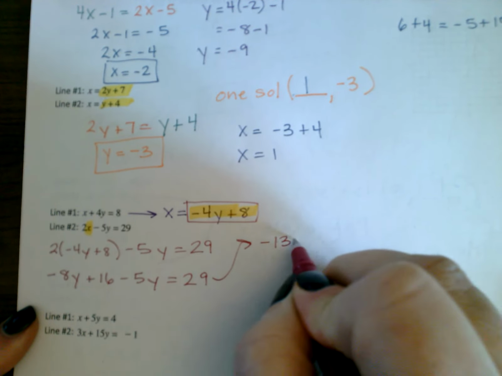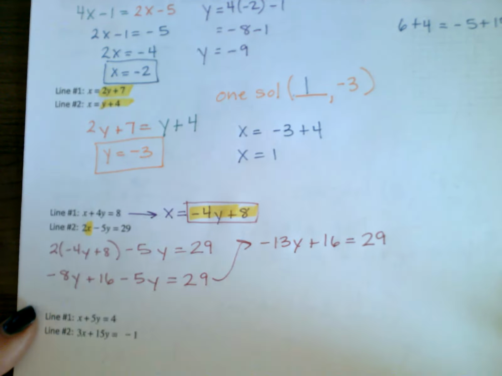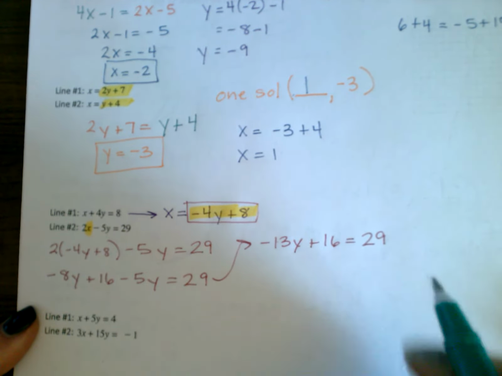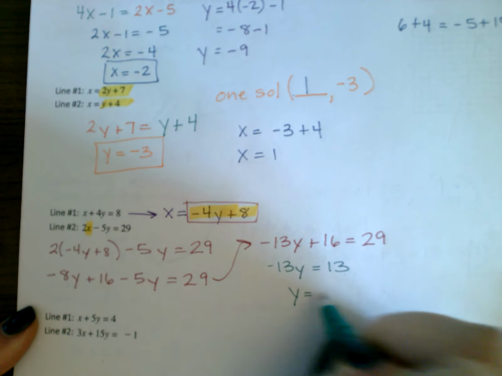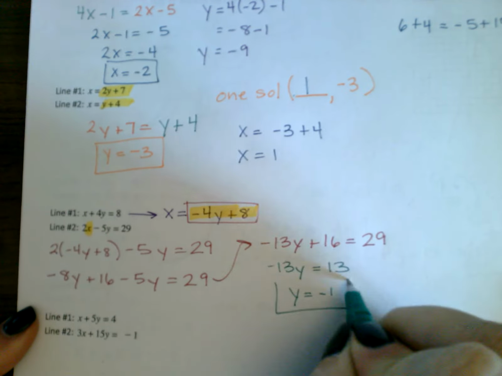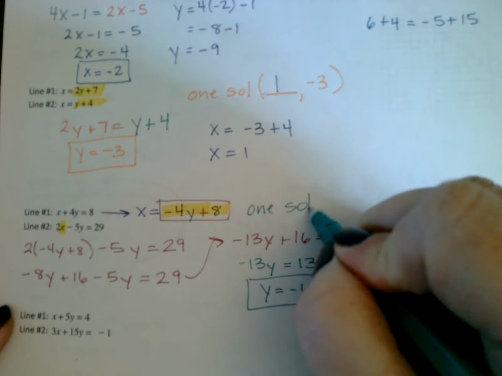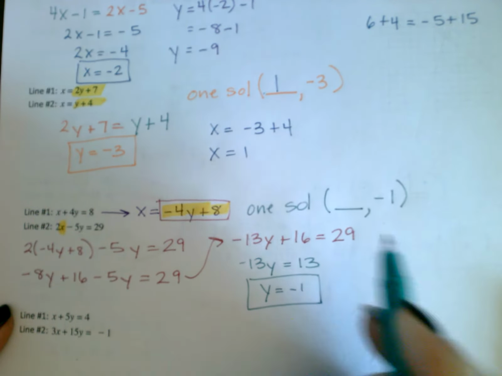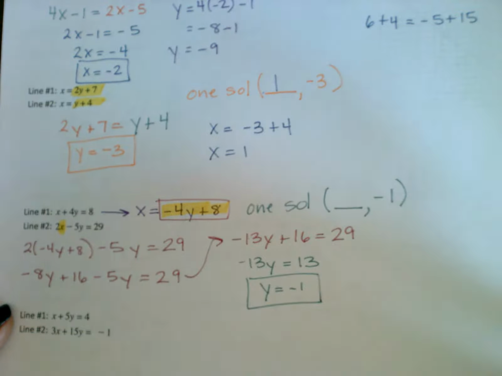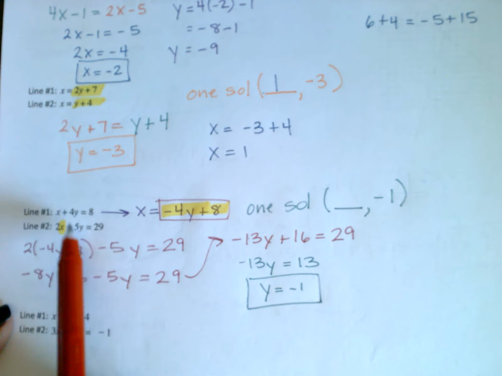Now combine your like terms, and I ran out of room. Solve your two-step equation. I would subtract 16, divide by negative 13, and get negative 1. So there is one solution where y equals negative 1, so I put the blank where x is.